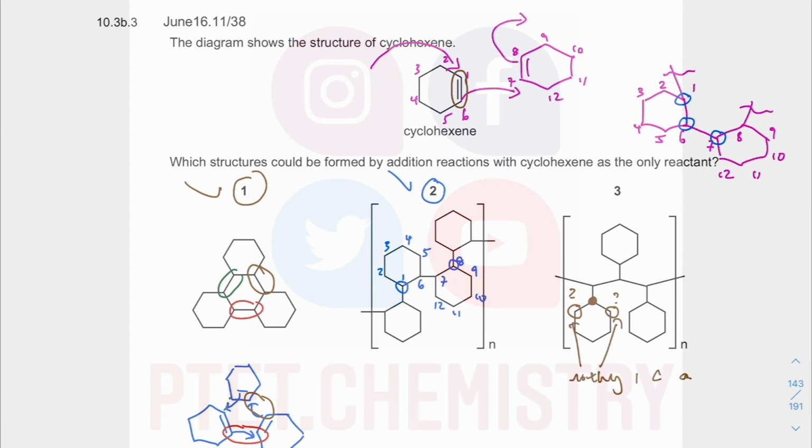One carbon away from the extension point. What do I mean by extension point? This is the point where you extend. It gets added on one side. That means on the next carbon, whether here or here, it should be added to something. But here you see it is totally empty. That's how I know option 3 is definitely wrong. So 1 and 2 would give me B.